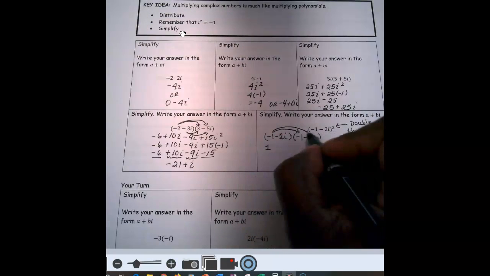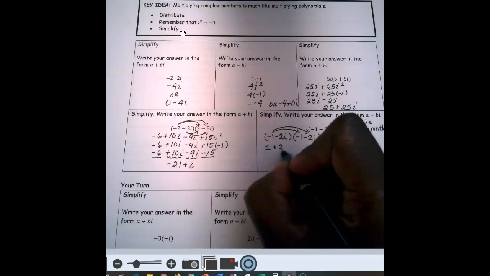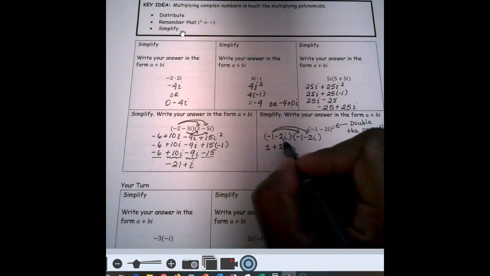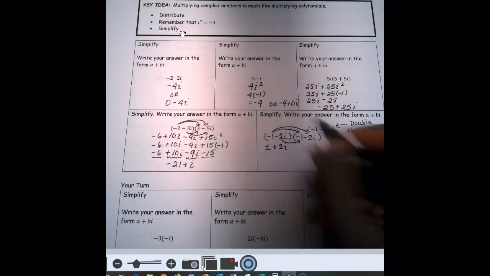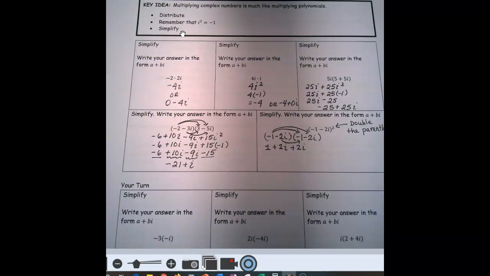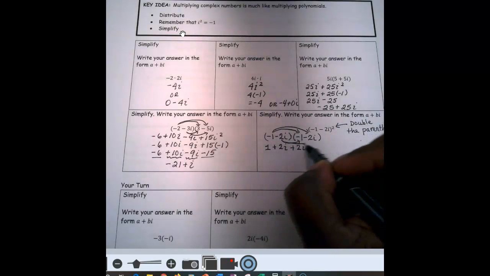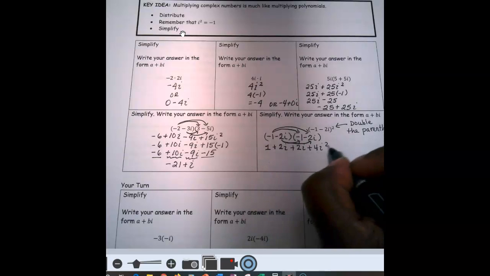Negative 1 times negative 2i is positive 2i. Then negative 2i times negative 1 is positive 2i. And then we've got negative 2i times negative 2i is positive 4i squared.